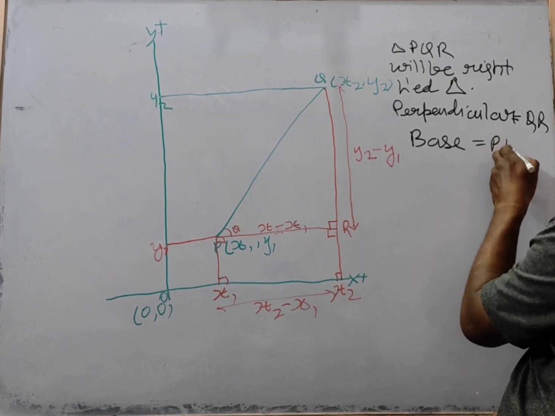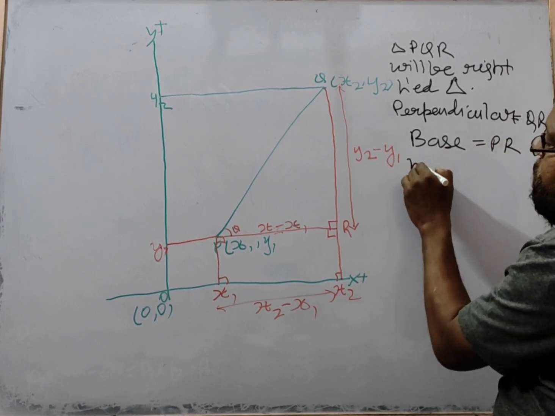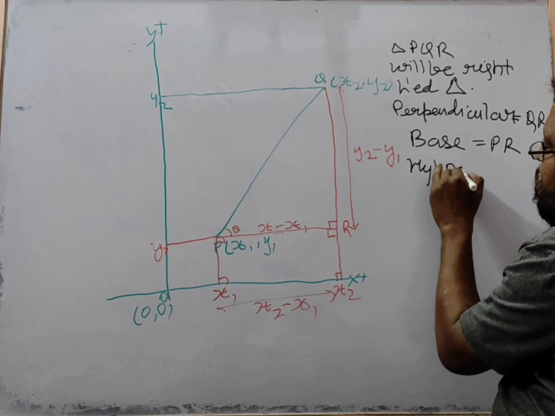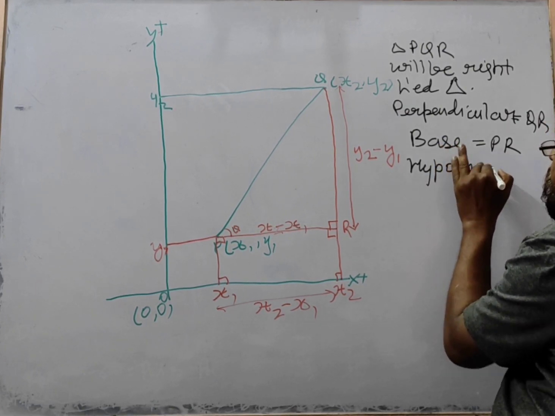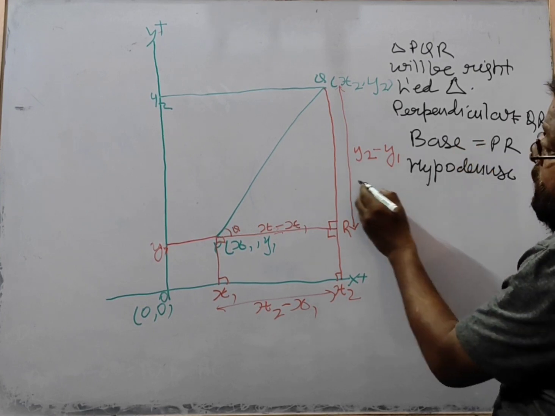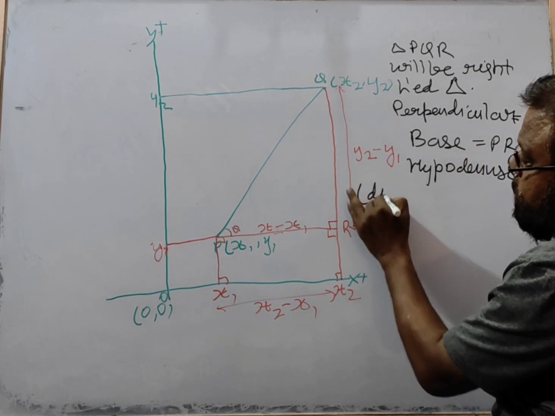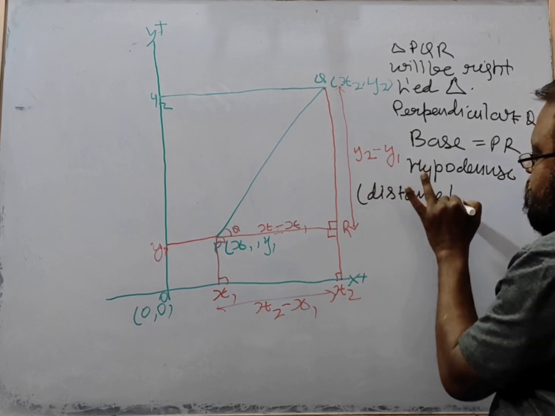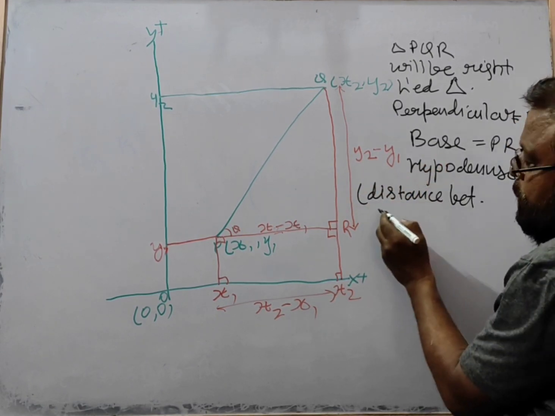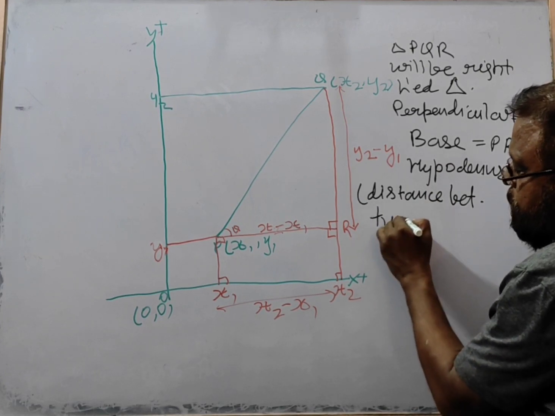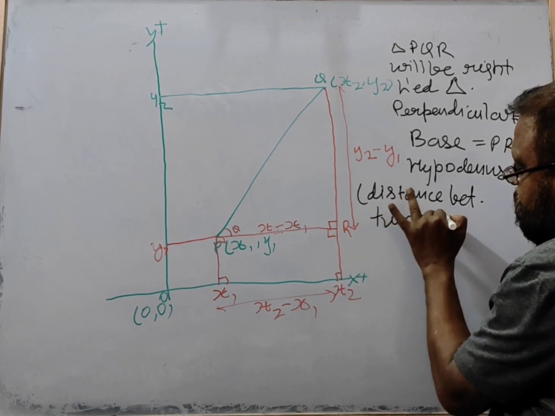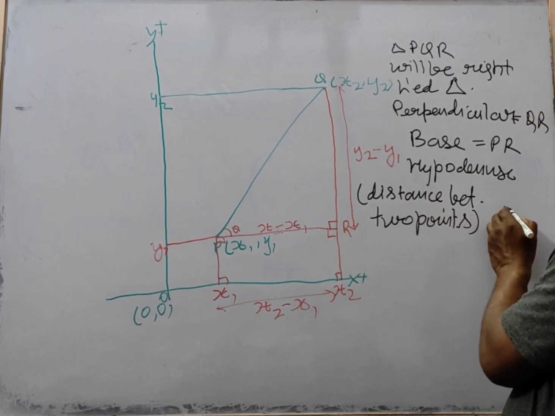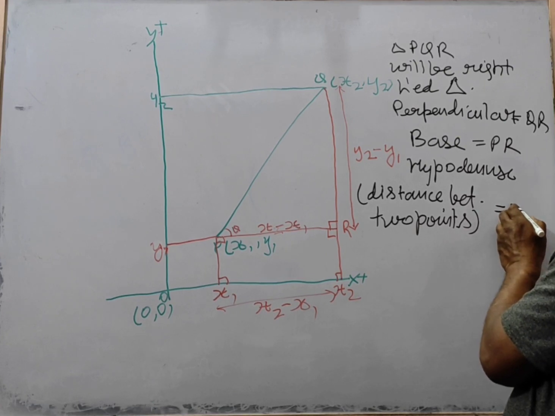This is PR. So the hypotenuse, that is the distance between 2 points, is PQ.